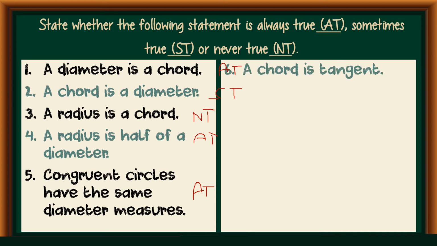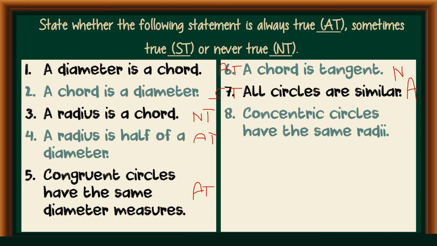Next, number 6. A chord is tangent. Never. It can never happen because tangent only touches the circle once. Si chord, dalawang beses. Kasi yung endpoints niya ay nasa mismong circle. Okay? Number 7, all circles are similar. Yes, always. Next, concentric circles have the same radii.